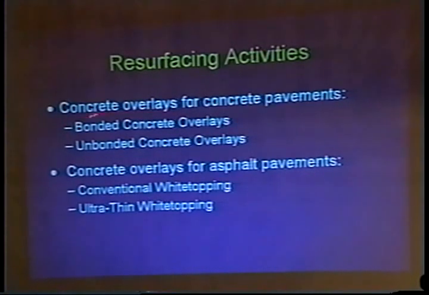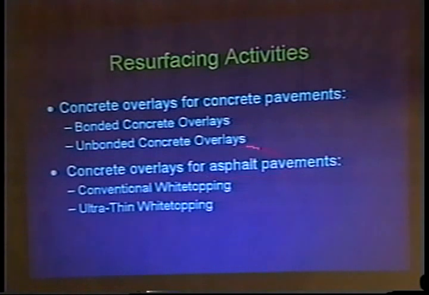In the earlier life of a concrete pavement, if the pavement's in decent shape, you can bond to it with a bonded concrete overlay, or an unbonded concrete overlay, which would be putting some thin asphalt layer down and then another layer of concrete on top of that, typically 6 to 8 inches, in order to reestablish good pavement structure.